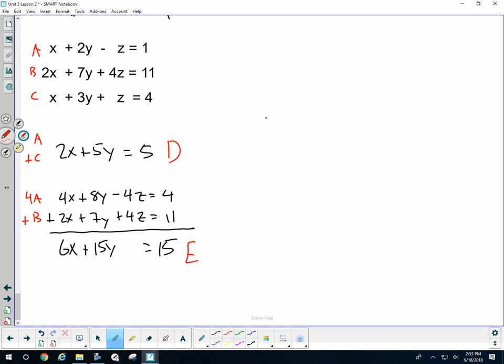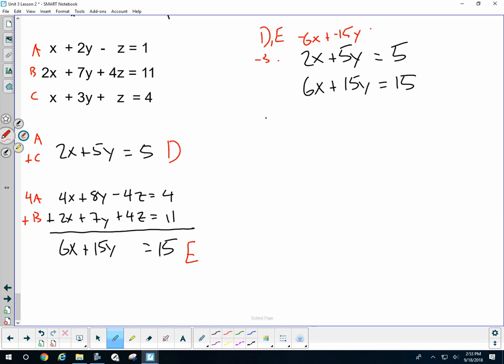Let's look at D and E at the same time, and you'll be able to notice something, hopefully. If I multiply the top equation by -3, it'd be negative 6x plus negative 15y is equal to negative 15.